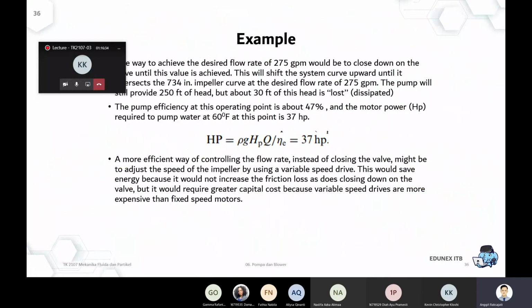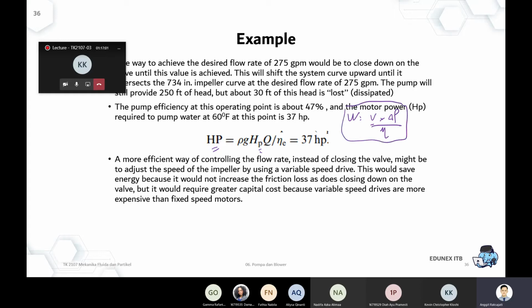So the next question is to calculate the horsepower, right? Power again must come from the flow multiplied by the delta P, one way or the other. So it must come from V times delta P per efficiency for a pump.